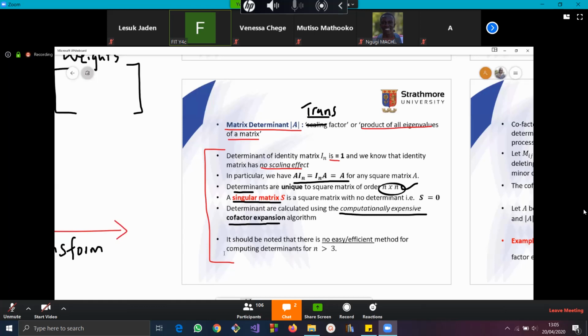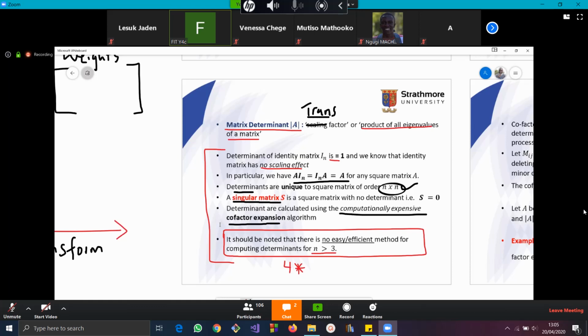But you must note there is no easy way of getting determinants of matrices above the third order. So if I have a 4 by 4 matrix, it's going to be so expensive to compute its determinant, and so on and so forth.